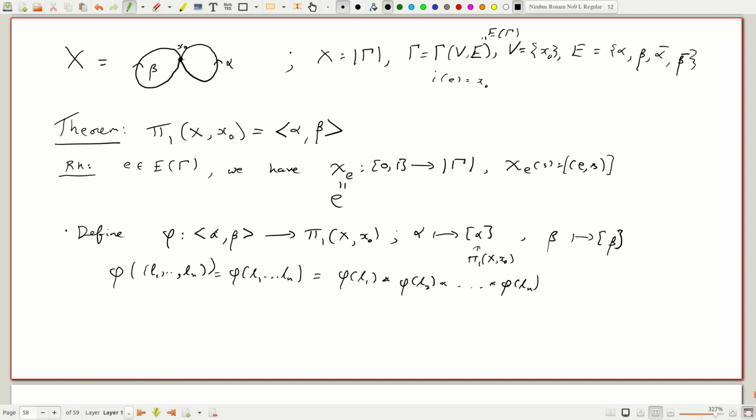And then we can think of the Li's as always alphas, betas, or their inverses. And if I think of them as just edges in this given space, I can just think of this as the class of L1 star L2 star Ln. So a word is mapped to itself or its equivalence class, and if I have cancelling elements, I'll get a homotopic word. So things are fine in this case.